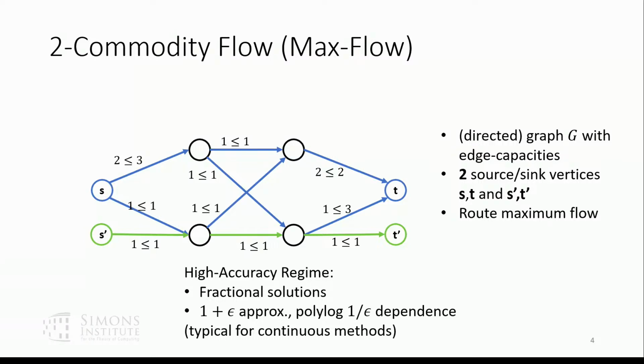Right? So polylog 1 over epsilon instead of just polynomial in 1 over epsilon. And we are also going to focus on the case where we allow fractional solutions, because if you try to restrict to integer solutions, the problem becomes NP-hard. And then, well, we probably can't have any efficient algorithms for that. Okay, so that's the high accuracy multi-commodity flow problem we're going to look at.